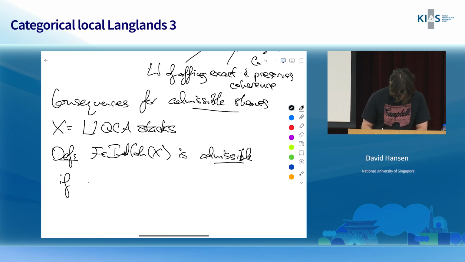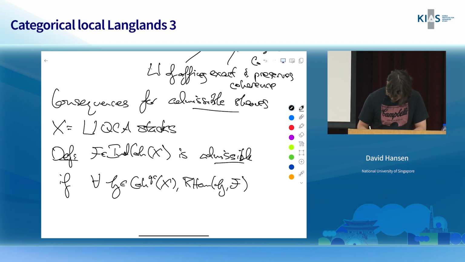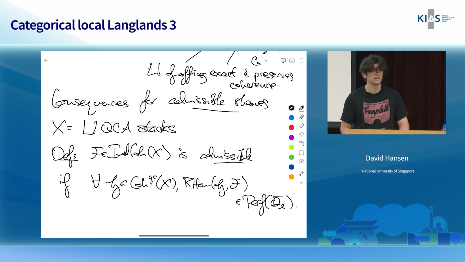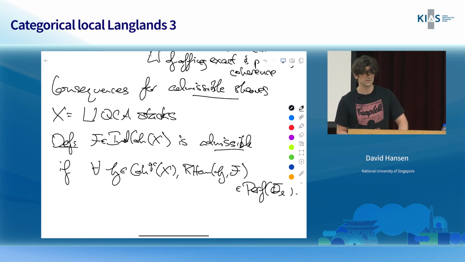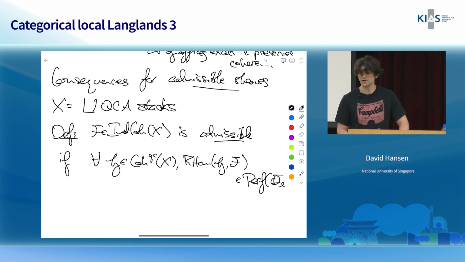And so that condition is that for all G in Coh-QC of X, this total external RHom from G to F is a perfect complex of vector spaces over my base field, which is always Q_l bar. Okay? So external RHom from Coh-QC gives you something extremely small, is the condition. Okay? But these can still be quite large. Okay?